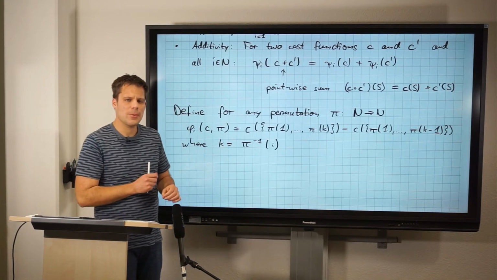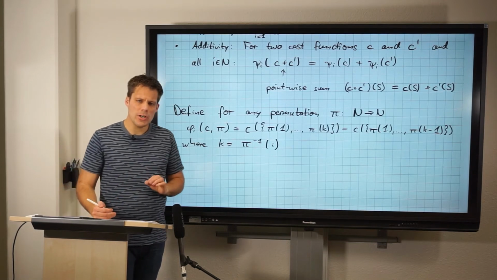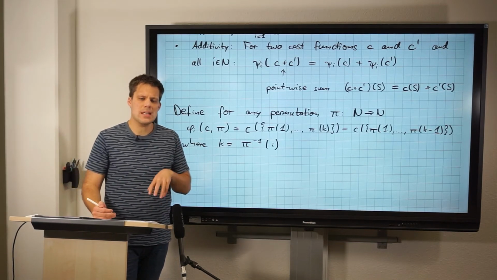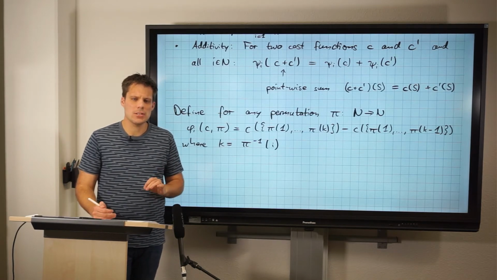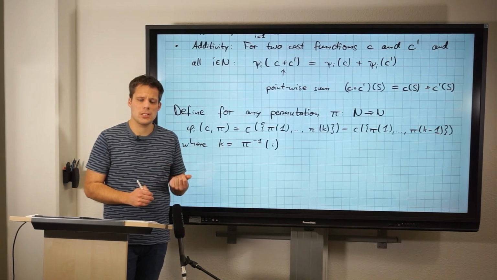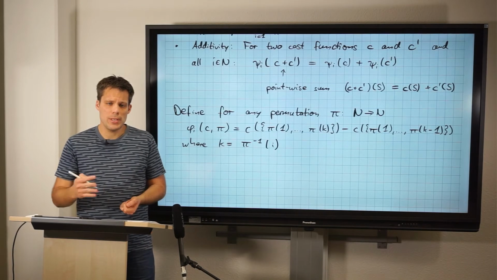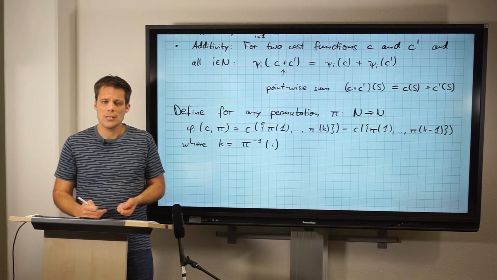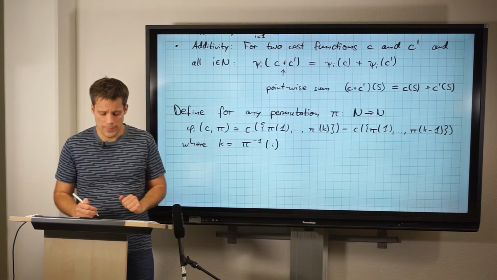So this will then be the marginal cost, so the cost increase that we incur by including agent i. And we'll consider this for any possible permutation. So rather than just going through the agents in order 1, 2, 3, and so on, we might also consider them in order 5, 4, 3, 2, 1, or whatever.